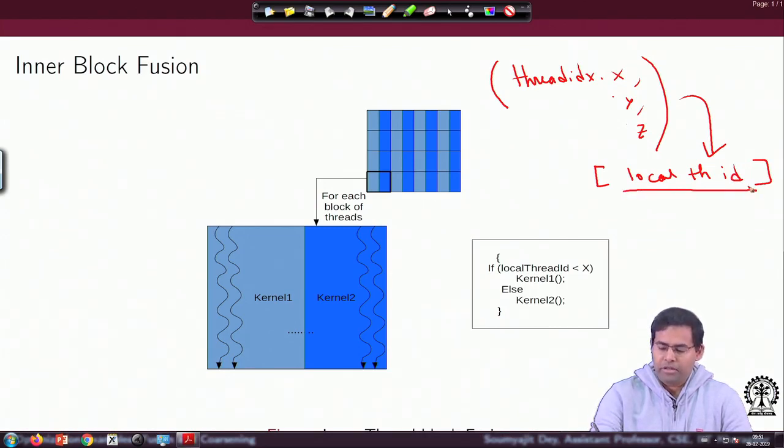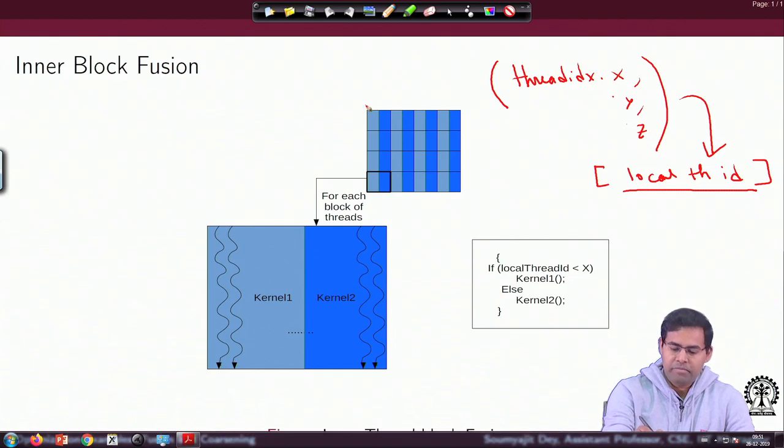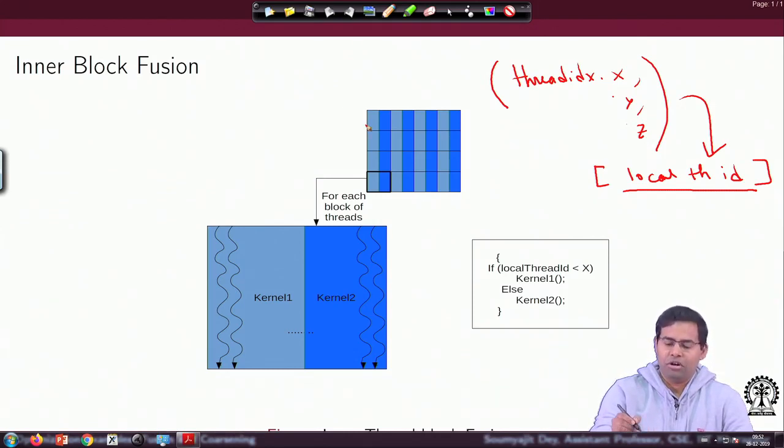My point is that the local thread ID does not represent the exact location of the thread linearized in the entire grid, but just the linearization of the threads with respect to their ordering inside one block.